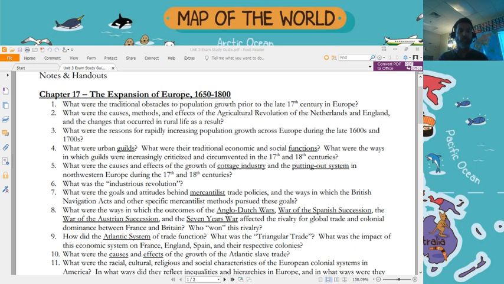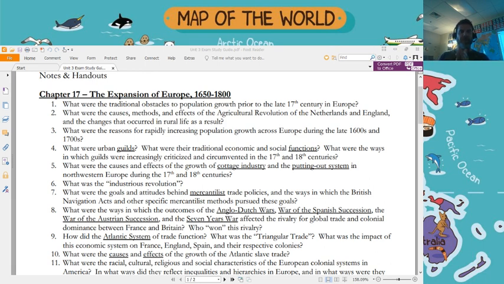And that allows more stuff to be made, costs to go down, and generally the standard of living will rise in England, in the Netherlands, in parts of France, even before industrialization, because of the implementation of these new ideas and methods and so on.